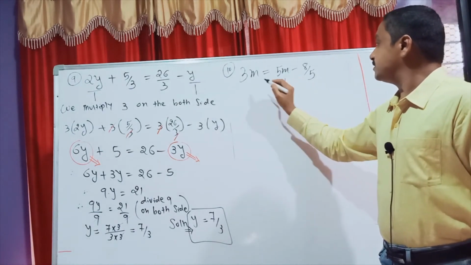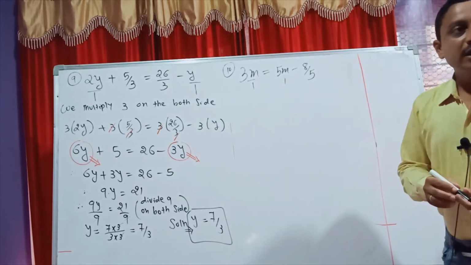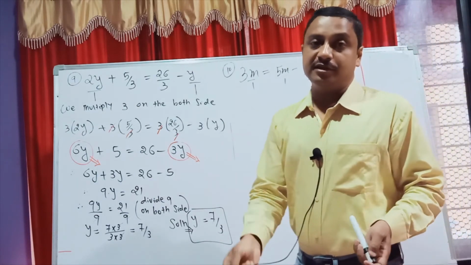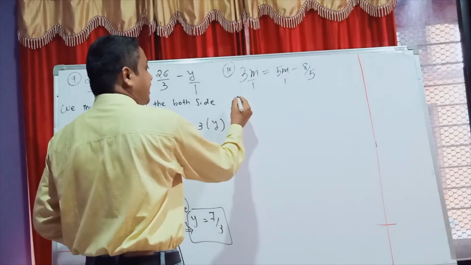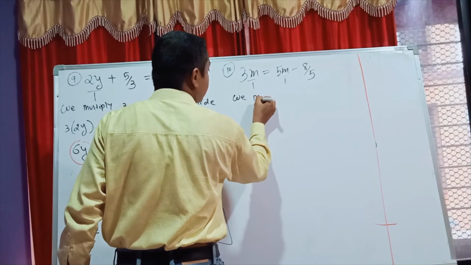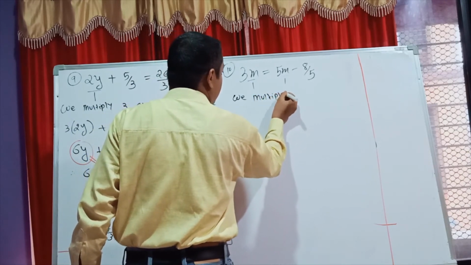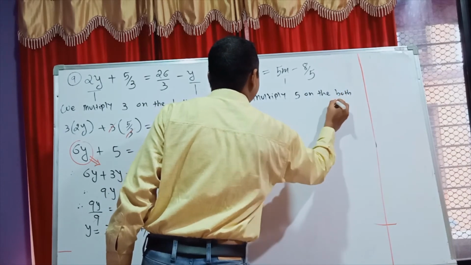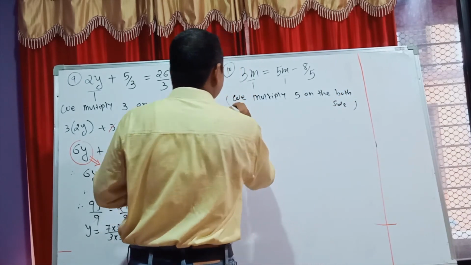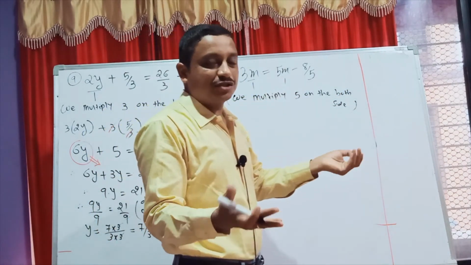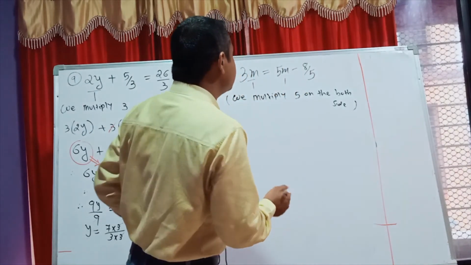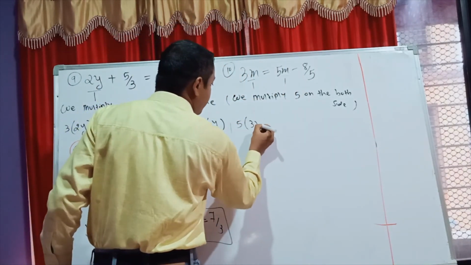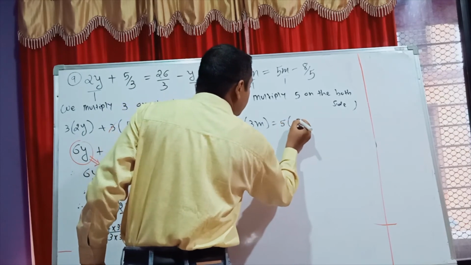First check out your LCM, and after that you start our sum happily. LCM is 5, so we multiply 5 on both sides. Students, you can also carry forward 3m and 5m, and after that the calculation is also true. But taking the LCM is the best way. And happily, your answer is done.